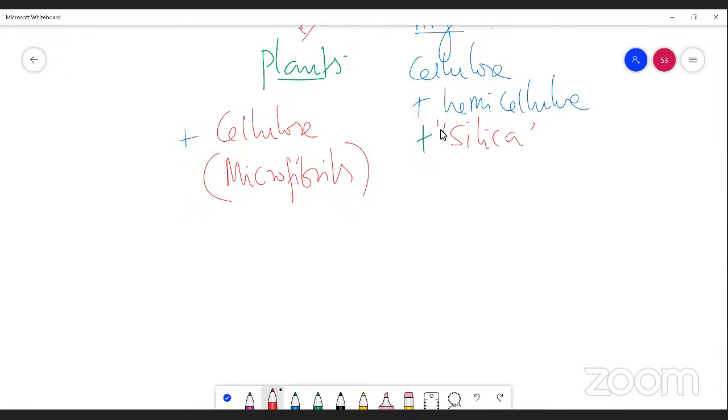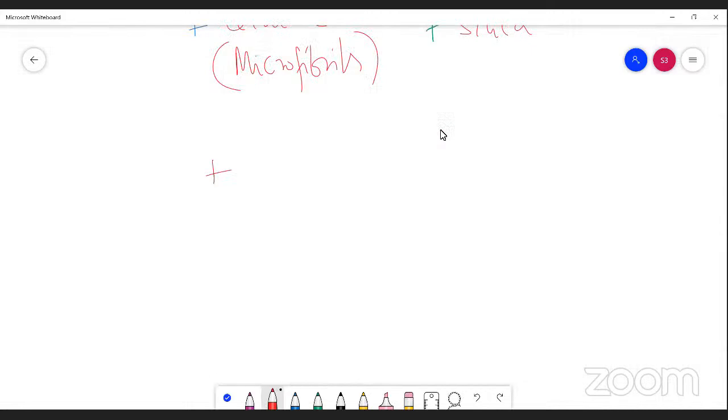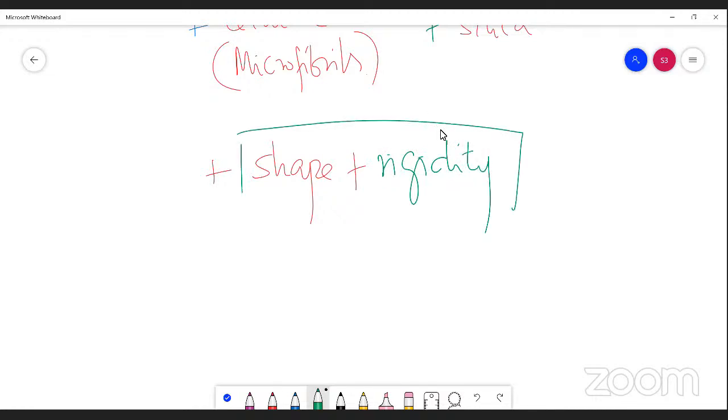Then what is the role of the cell wall in plants? The cell wall gives shape. It provides the shape of the cell and also determines the rigidity of the cell.